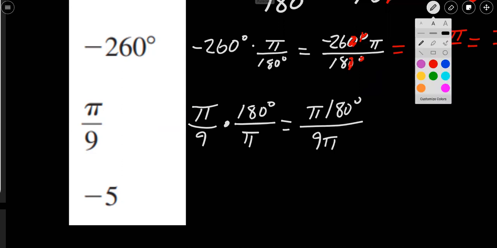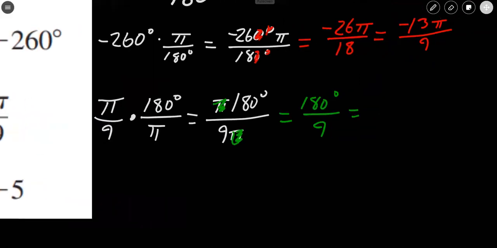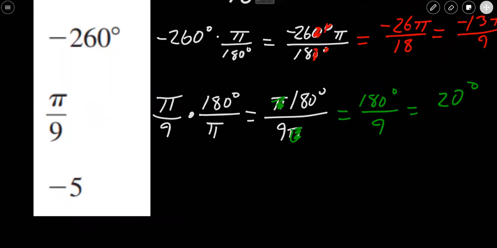Well, I've got pi in both of these, so I can get rid of those. I end up with 180 degrees over 9. And 180 is actually divisible by 9, so I end up with 20 degrees. So pi over 9 radians is 20 degrees.